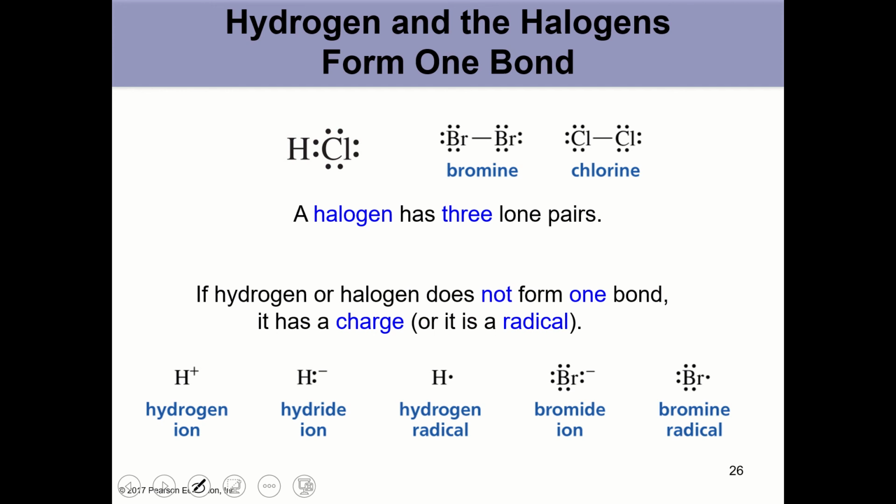Hydrogen and the halogens all form 1 bond. So if we have Br2 or Cl2, there'll be 1 bond between halogens. If we have HCl, HBr, HF, HI, then we are going to have 1 bond from hydrogen to the halogen.